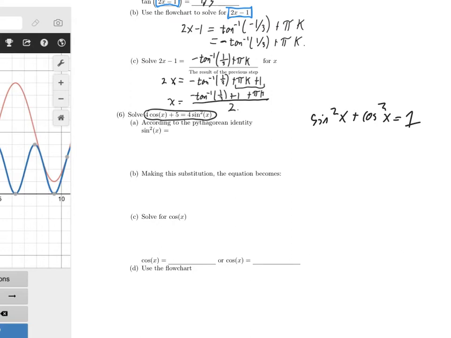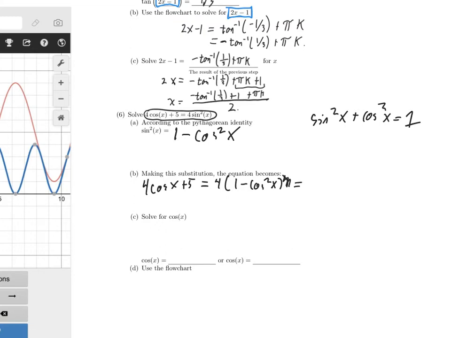As a consequence, the sine squared of x should always be the same as 1 minus cosine squared of x. So making that substitution, this equation will become 4 cosine x plus 5 equals 4 times 1 minus cosine squared of x.